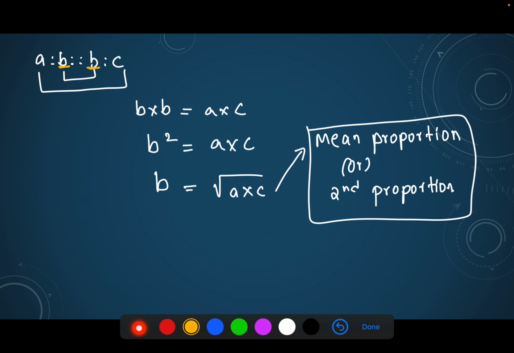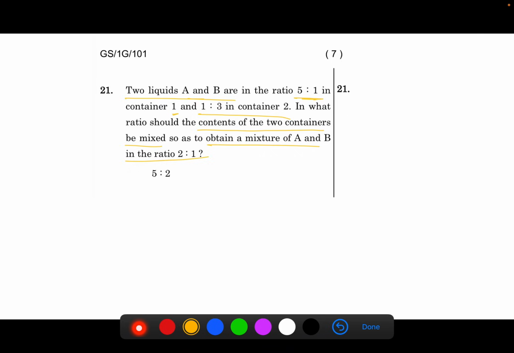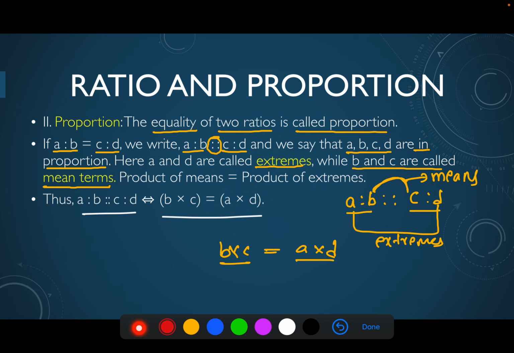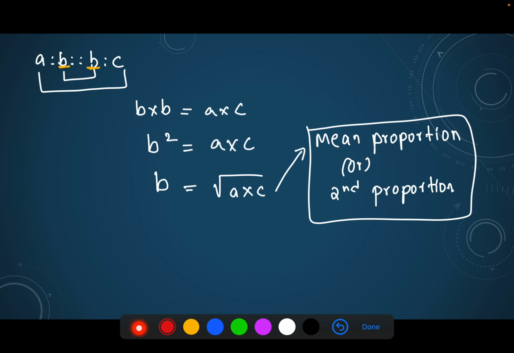As we studied this rule, again multiply. These will be multiplying with this. These will be multiplying with this. And these both are equal. So B into B is equals to B square. A into C is equals to A into C.